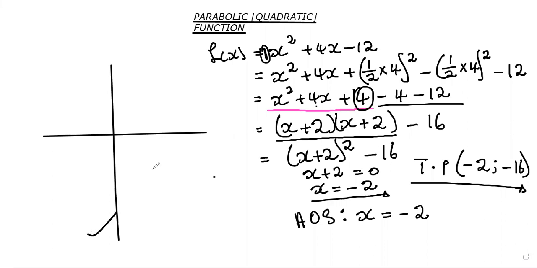So it's going to cut the y-axis there, and then it's going to proceed like that, all the way to positive infinity. The same thing applies here. It's just going to be something that is nice like that. Then it goes all the way to infinity.